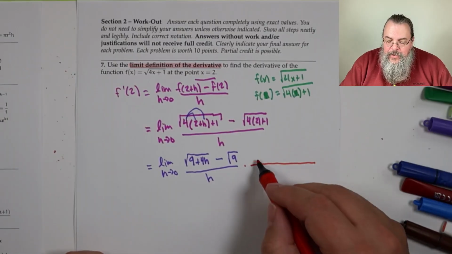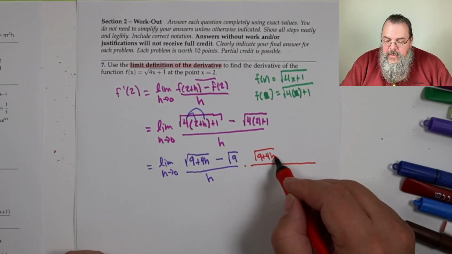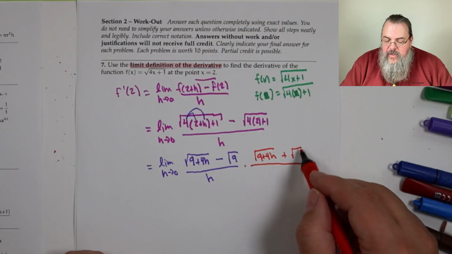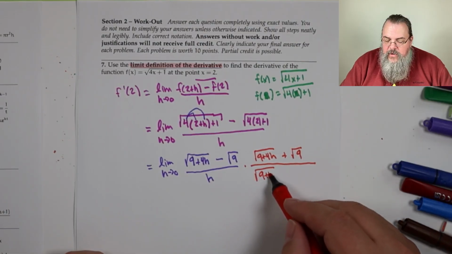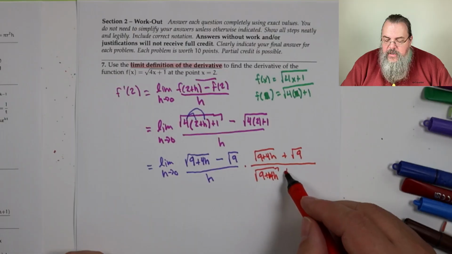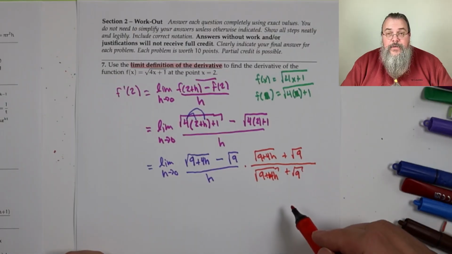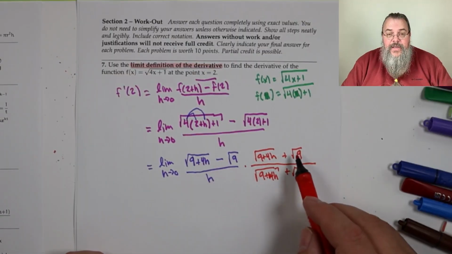In particular, multiply by the conjugate. This takes advantage of something called the difference of squares, right? If you have a plus b times a minus b, then you get a squared minus b squared. So here's your a minus b, a plus b.